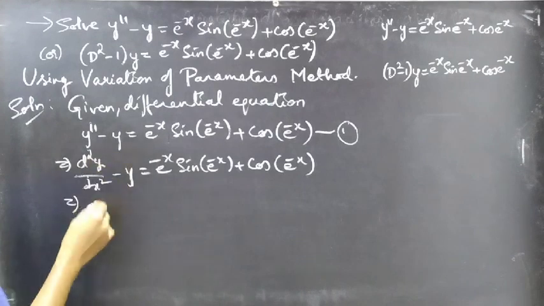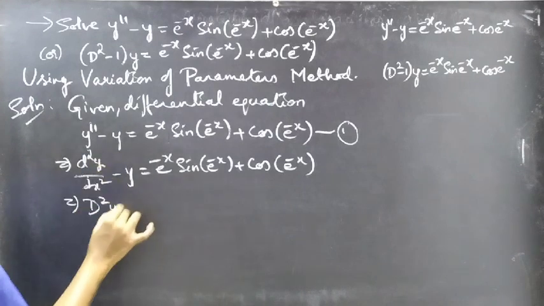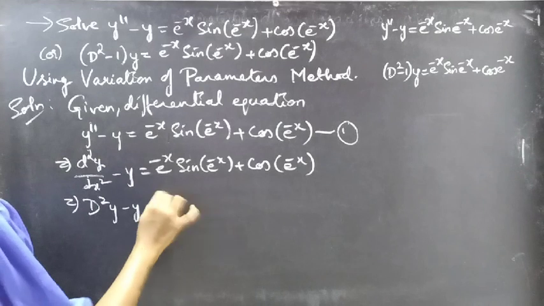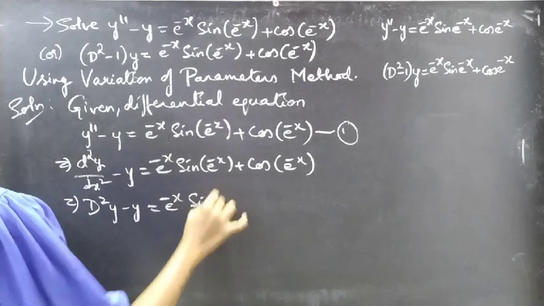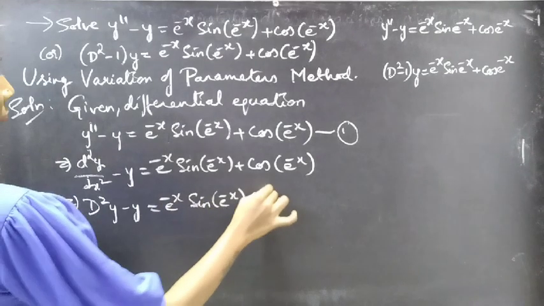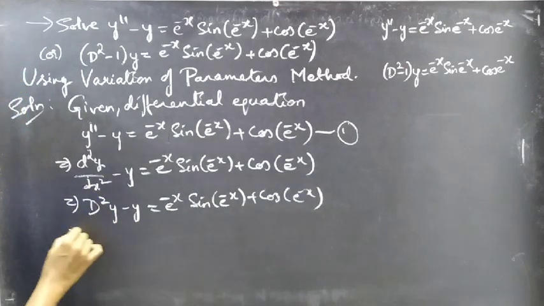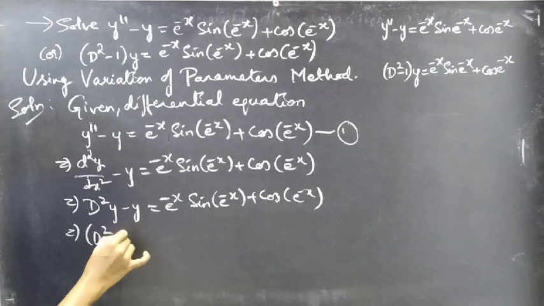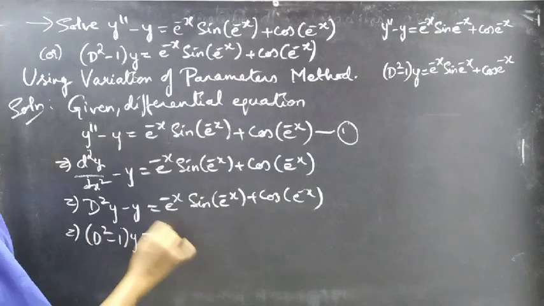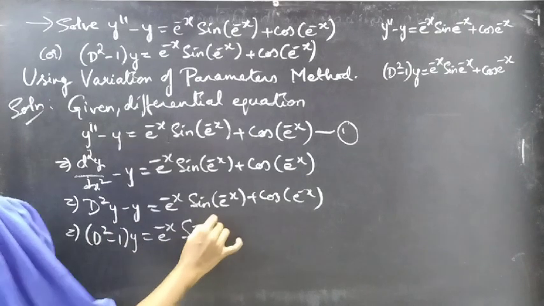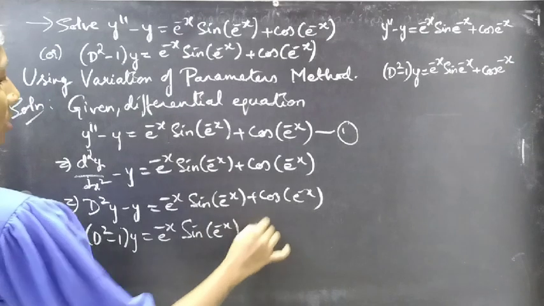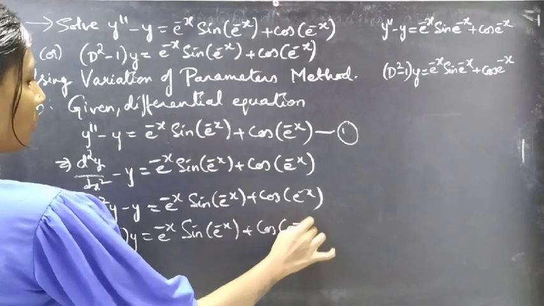Now write d square y by dx square as capital D square y using differential operator d. Now take y common from these two terms. We'll get d square minus 1 into y equal to e power minus x sine of e power minus x plus cos of e power minus x.